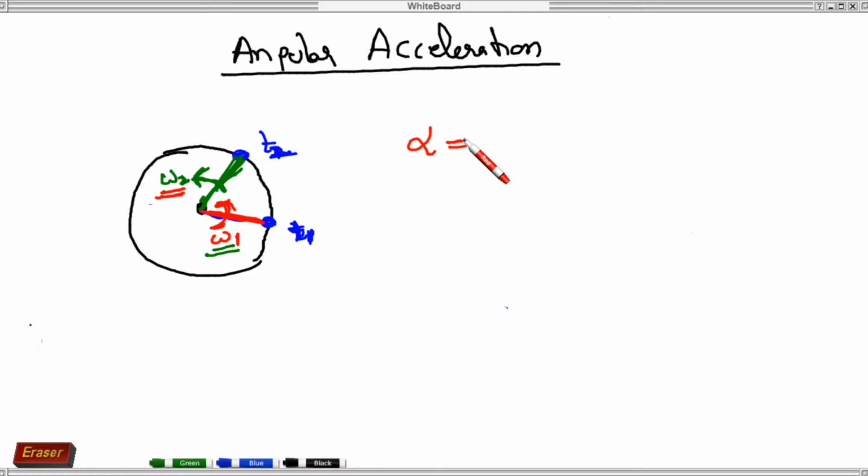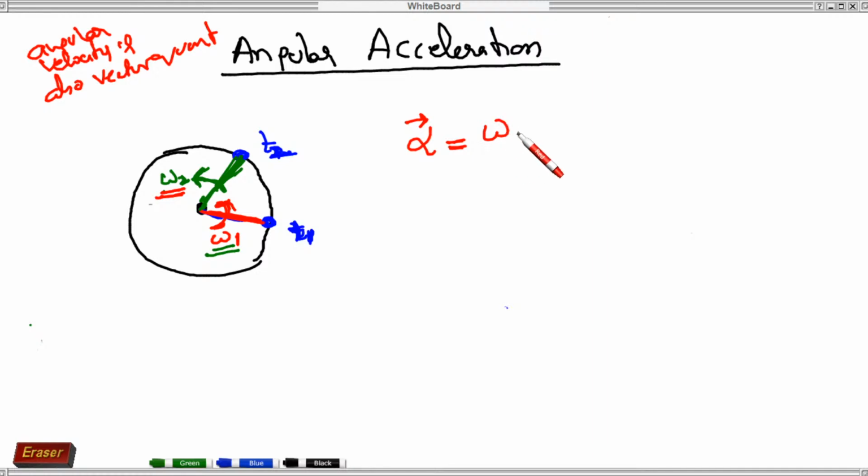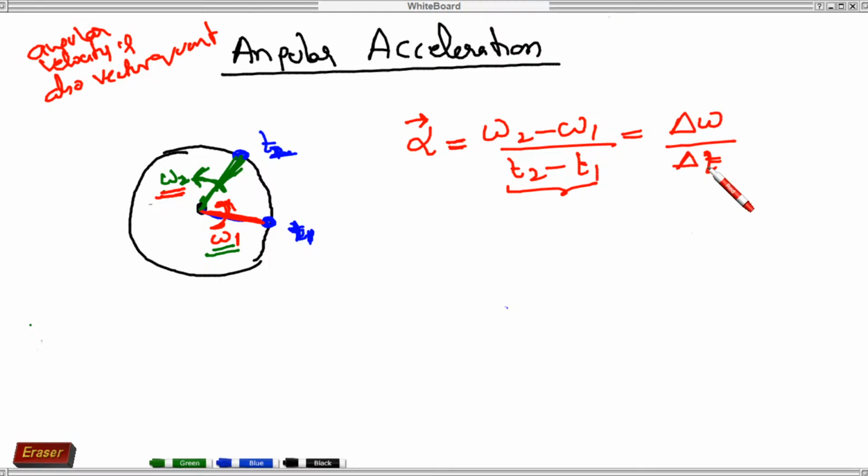We use vectors because angular velocity is also a vector quantity. So we can say omega 2 minus omega 1 over t2 minus t1, or in other words, delta omega over delta t.